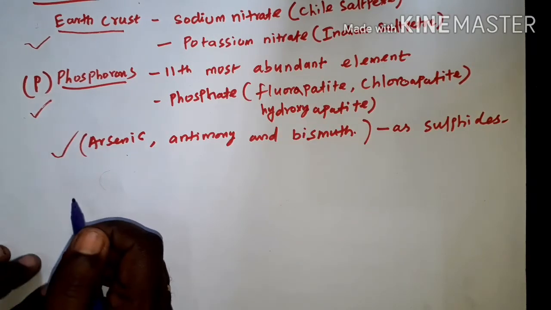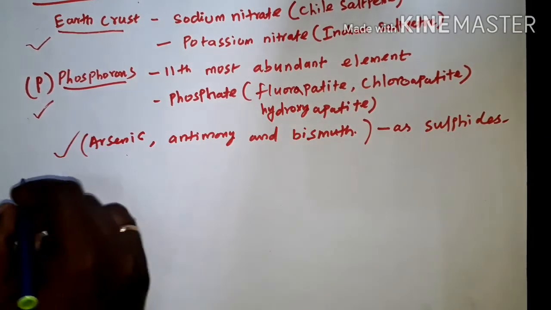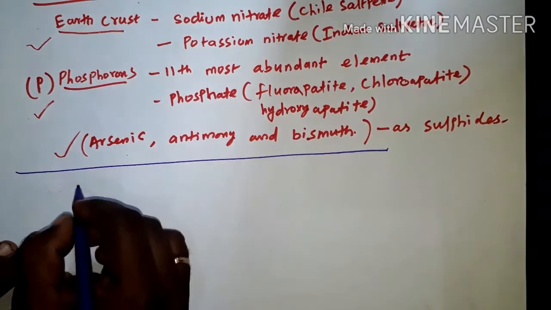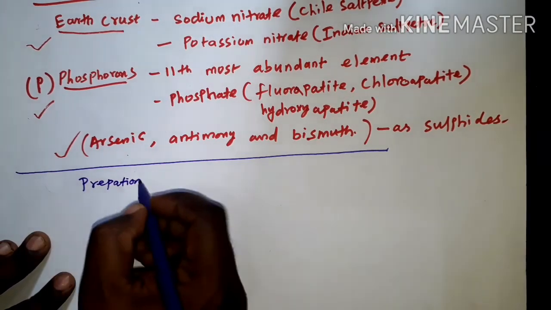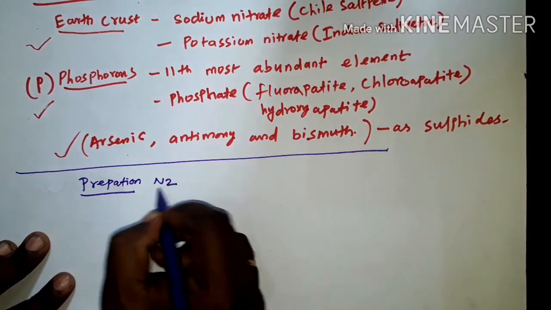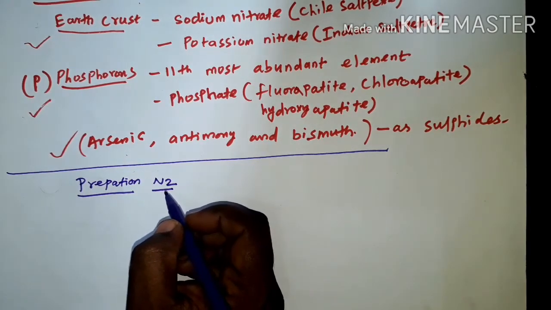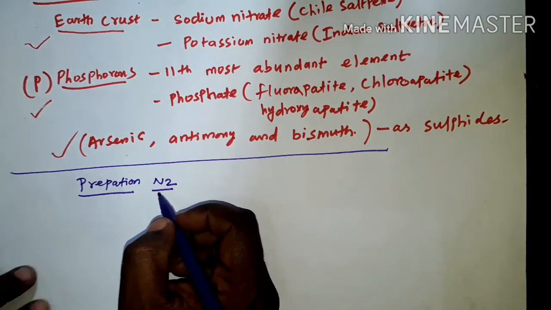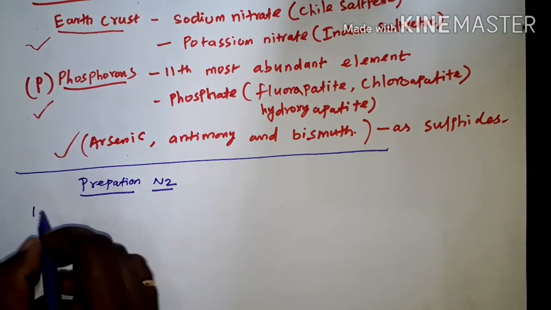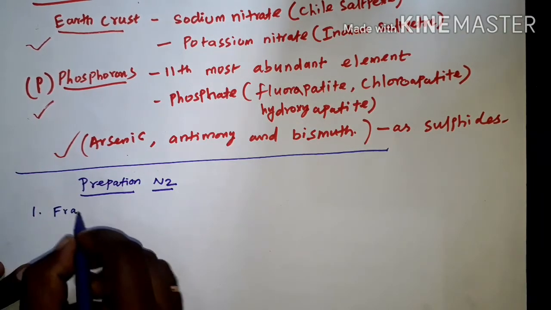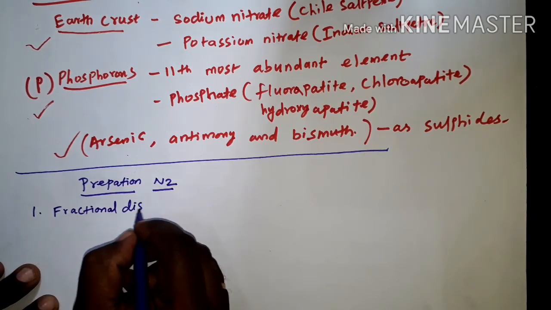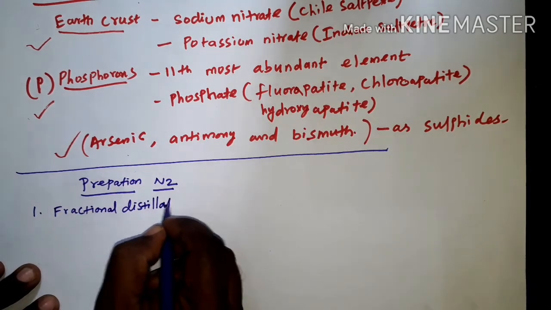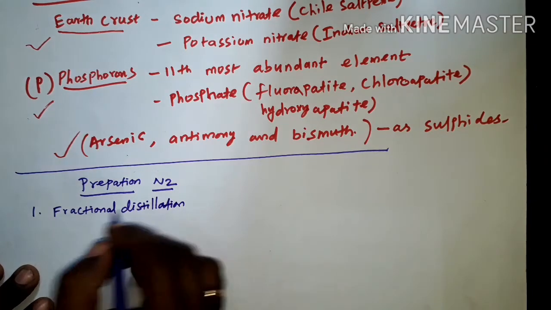Next one is preparation of nitrogen. Nitrogen can be prepared by three methods. First method is fractional distillation, an industrial process.